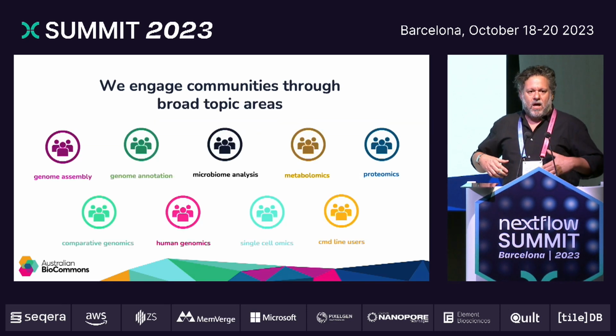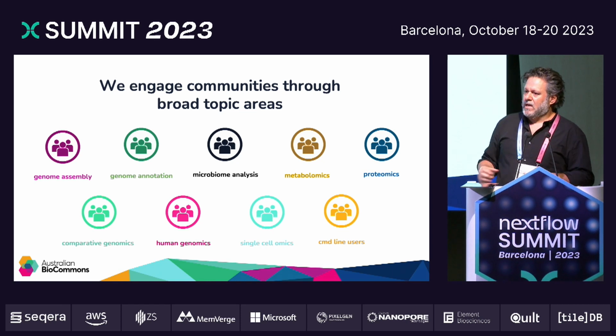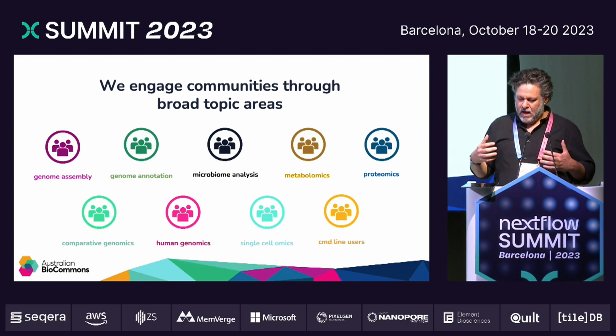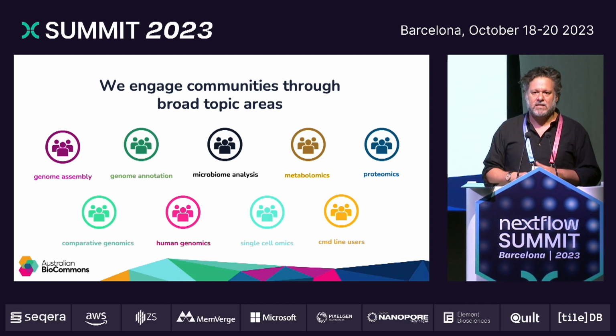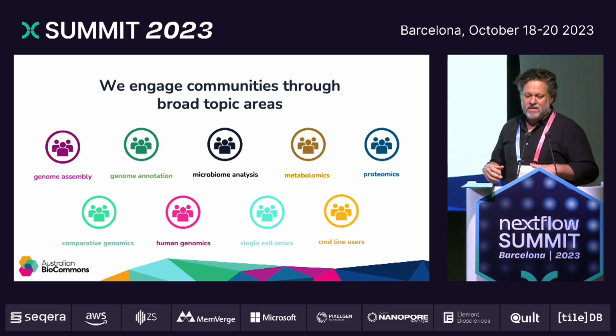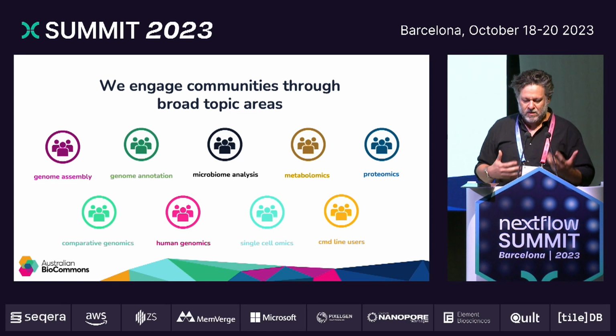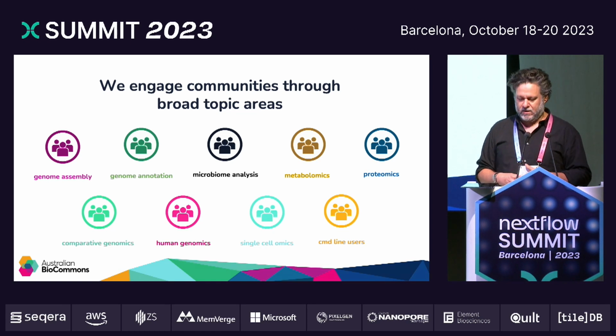And an important thing to note here, and there's a lot about the Biocommons and how we work in our national bioinformatics agenda, but one of the things we do, and we do well, is engage with the national life sciences community through this growing set of lenses, whether it's genome annotation, metabolomics, proteomics, even command line users.